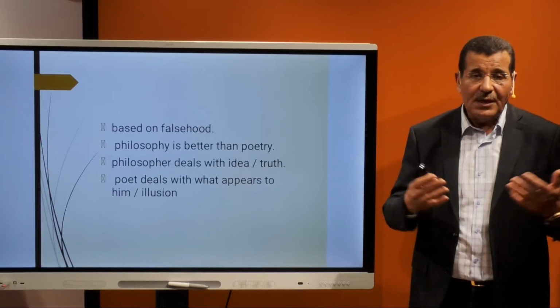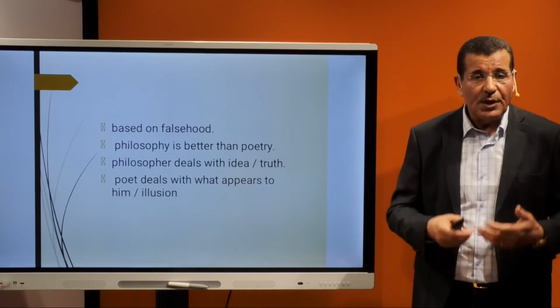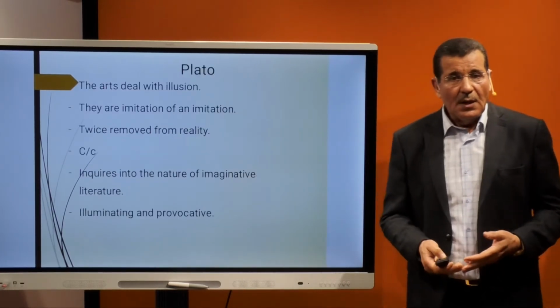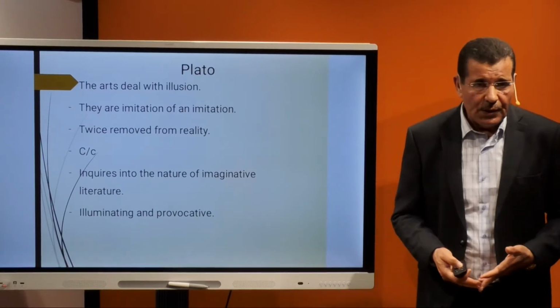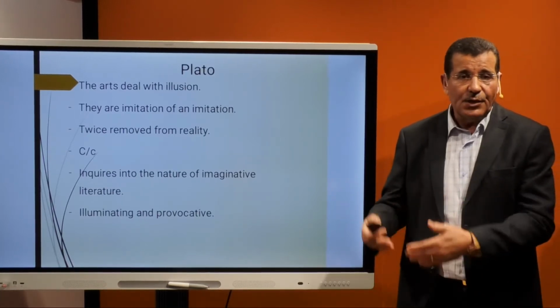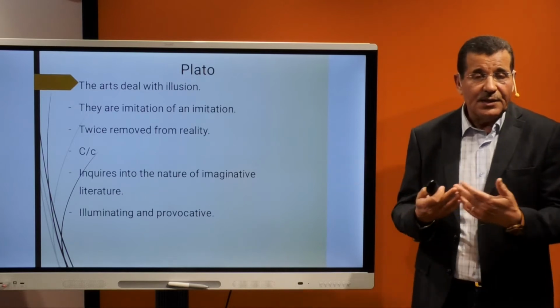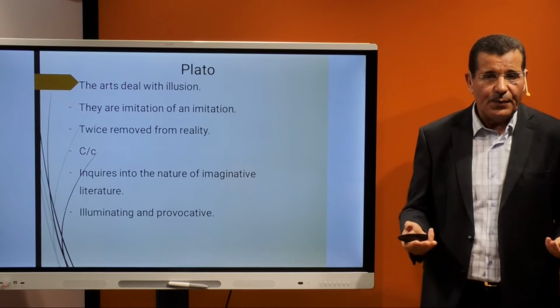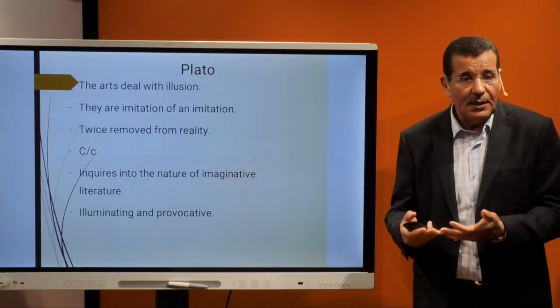So he is only in the realm of illusion, not the truth, not reality. And since art deals with illusion, they are an imitation of an imitation, and the artist, according to him, is twice removed from reality. So how can he represent something he doesn't know?